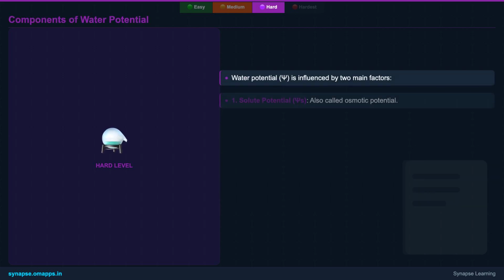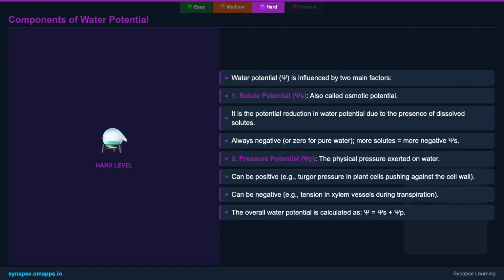Water potential, psi, is actually a sum of two main components. First, there's solute potential, or osmotic potential, symbolized as psi-s. This component accounts for the reduction in water potential due to dissolved solutes. It's always negative, becoming more negative with increasing solute concentration. Second, we have pressure potential, psi-p, which is the physical pressure exerted on water.